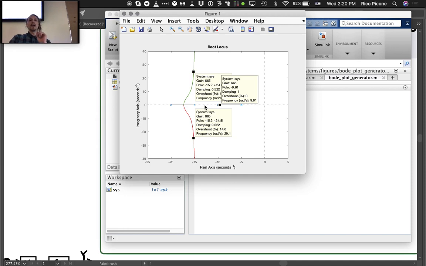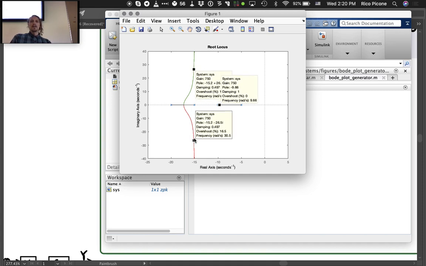If you choose K to be 665, or if you choose a gain of, say, 750, that's different. So these would be the three pole locations in closed loop. The closed loop pole locations, given different gain values, are what we see as the branches of the root locus here.